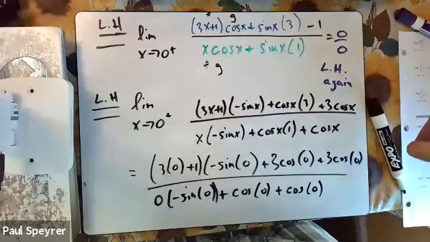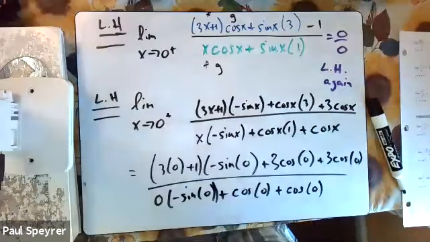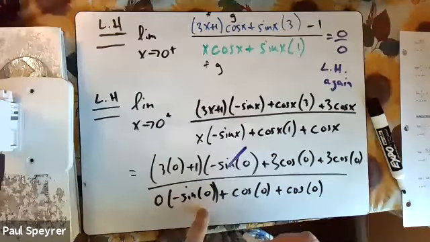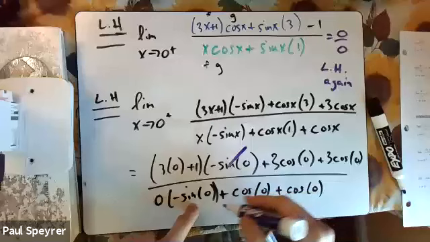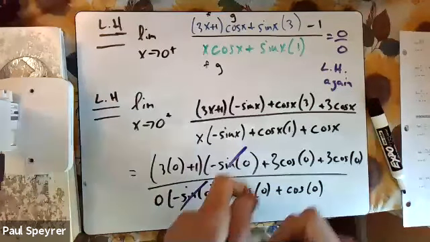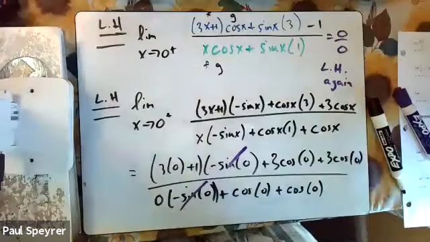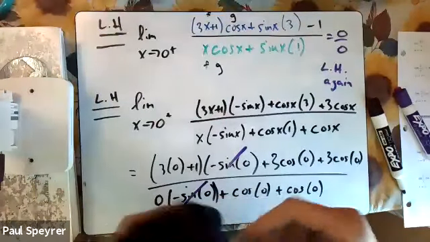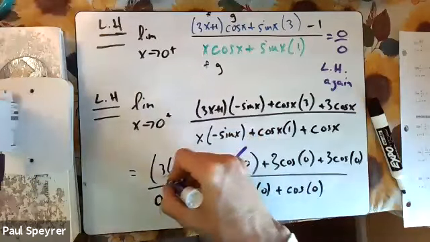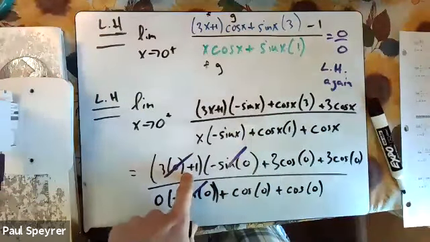But what happens to all this stuff right here? Well, sine of 0 is 0, so that's 0 times sine of 0. That's 0 times 0 is 0, right? What's left over, though? And this also goes away, right? Because 0 times all that is just 0.